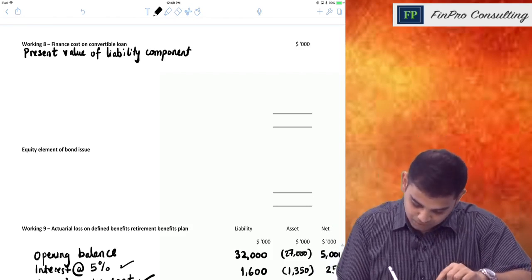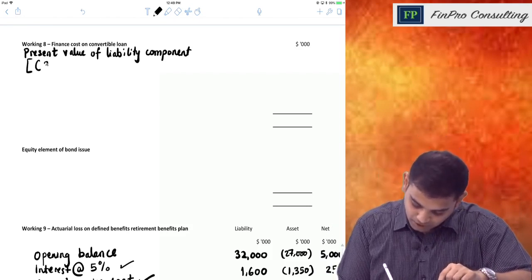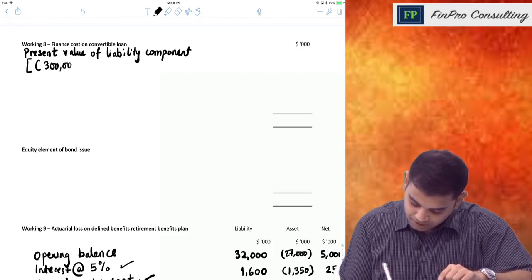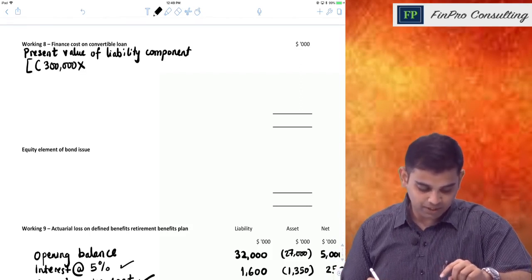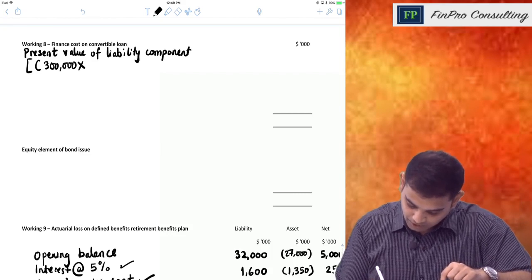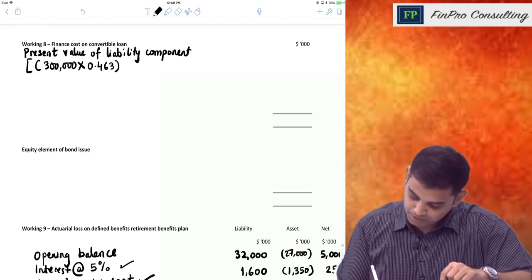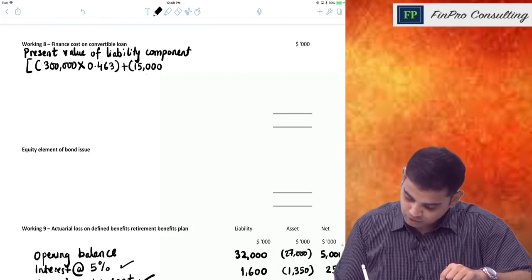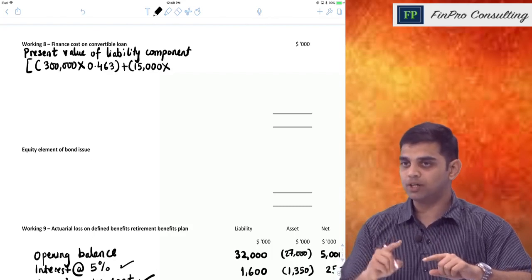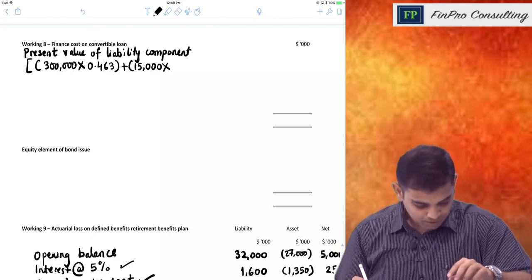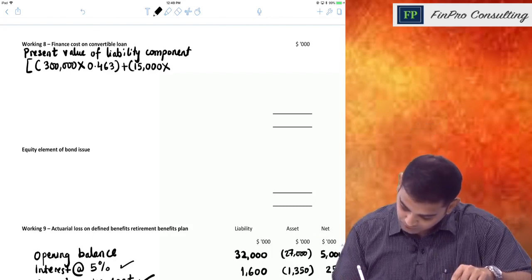How will you compute? 300,000 or 3 lakhs that is payable at the end of 10th year. So it has a discount rate of 0.463 plus 15,000 is payable every year. So the discount rate for 1 to 10 years is given as 6.71.